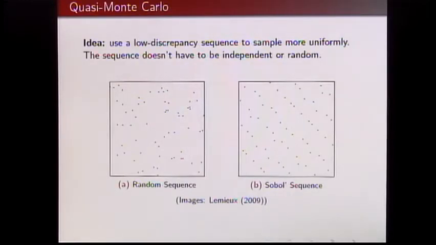Next up, quasi-Monte Carlo, QMC, and its cousin, randomized quasi-Monte Carlo. Here we use something called a low-discrepancy sequence to sample more uniformly. These are from Lemieux. From this point on, I believe the references are going to be correct.